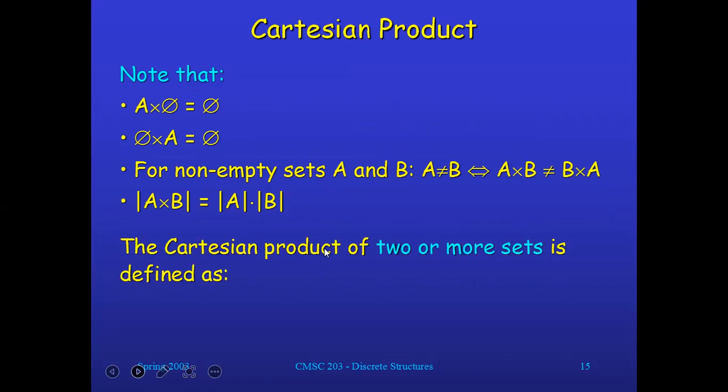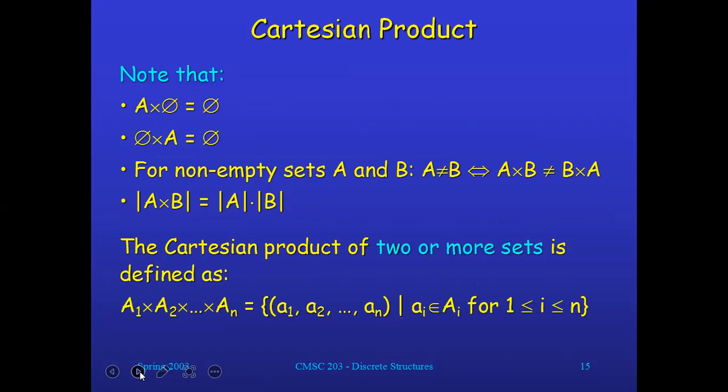So the Cartesian product of 2 or more sets is defined like this: A1 cross A2 cross dot dot up to An equals the tuples (a1, a2, ..., an) where ai belongs to capital Ai, for 1 less than or equal to i less than or equal to n. So this is n-times Cartesian product.